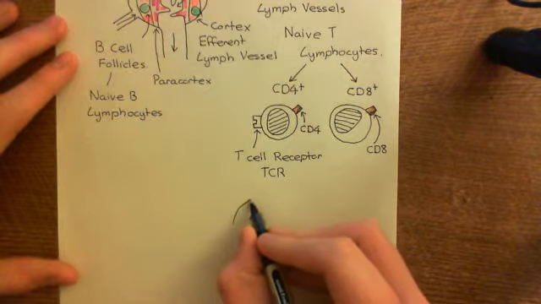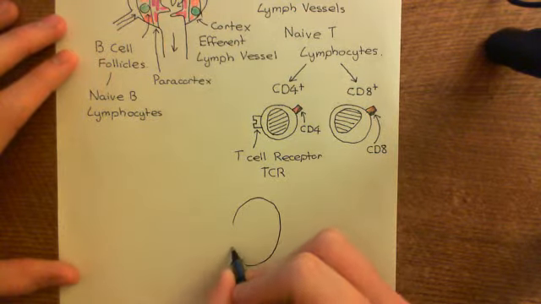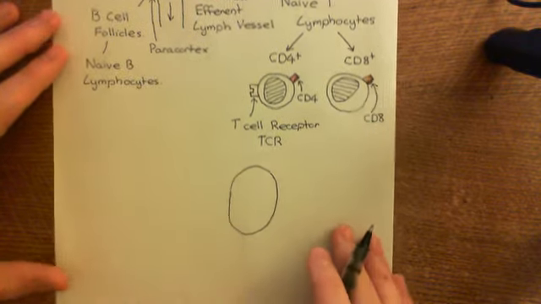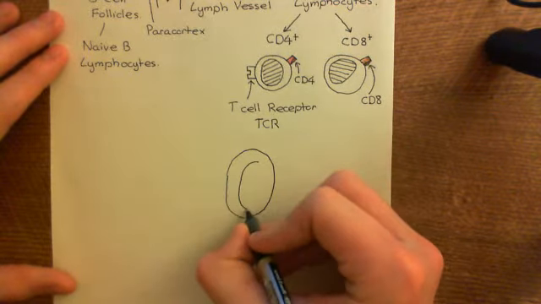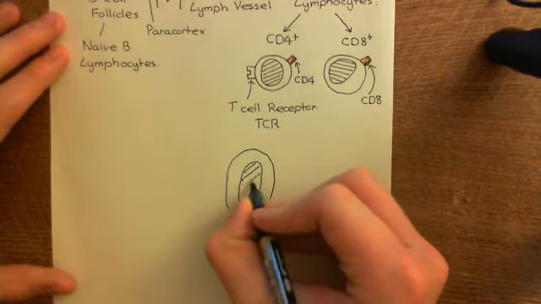Okay, so let's put our T lymphocyte here, and I'm going to elongate it a bit. The reason is that I've got a lot to fit in here to show the interaction between the two. Okay, so here's the nucleus of the naive CD4 positive T lymphocyte here.